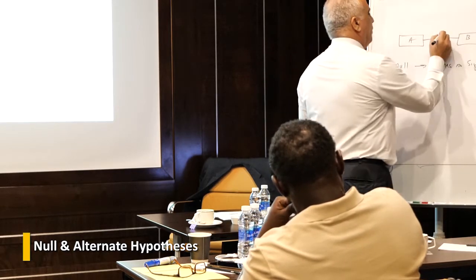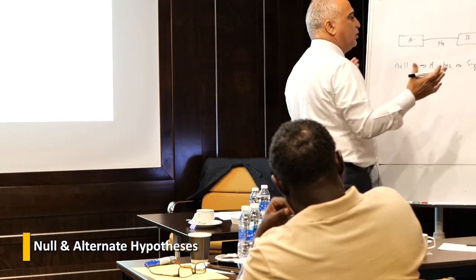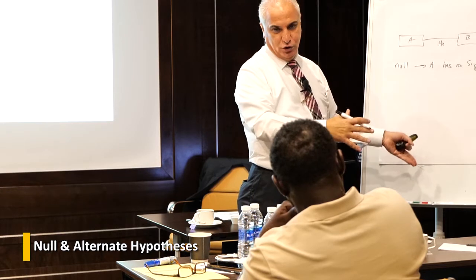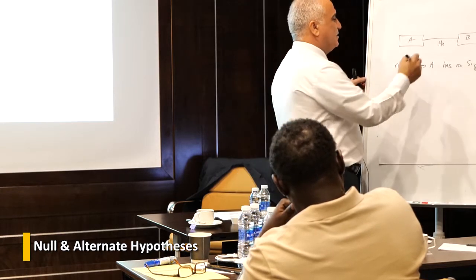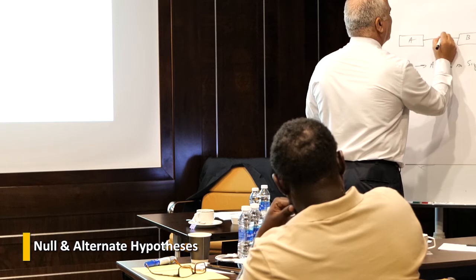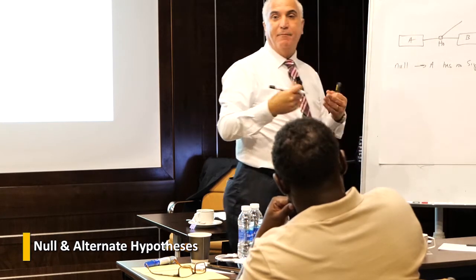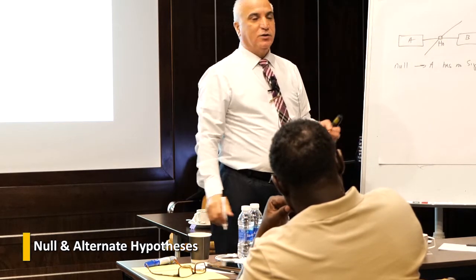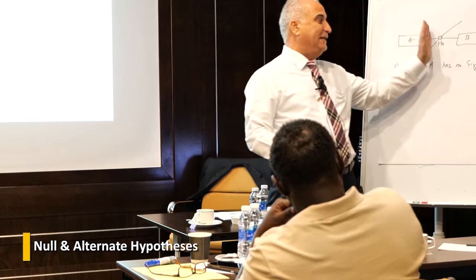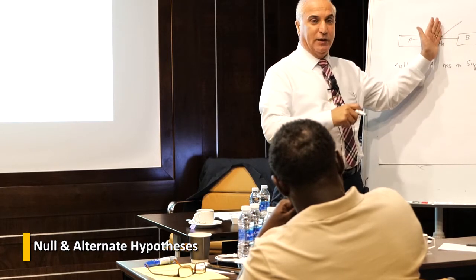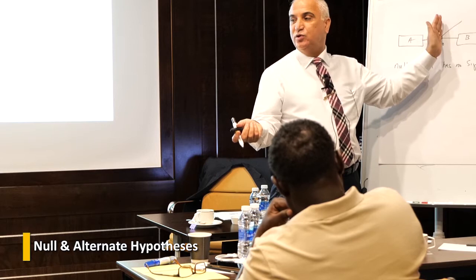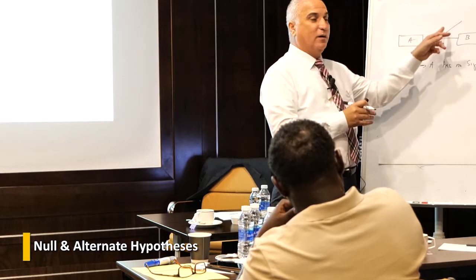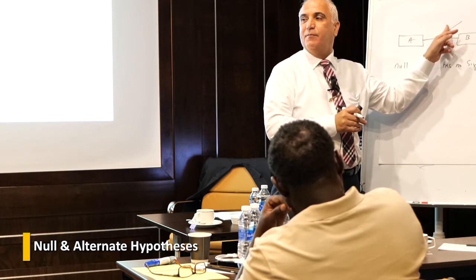Now, we take a group of children. One group we teach in the morning and one group we don't teach, right? In this case, we can have two things: a positive impact and a negative impact.